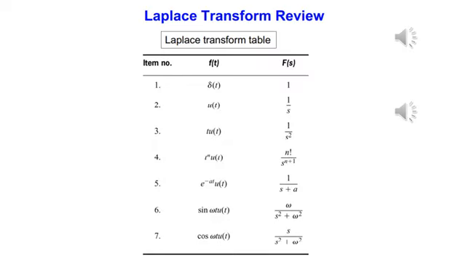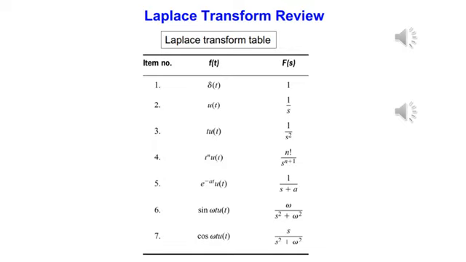We may verify this table, and we'll try to verify a few of the entries by carrying out the integration. Then we'll remember this table, always try to remember this table, and apply it rather than always integrating f of t to get f of s.